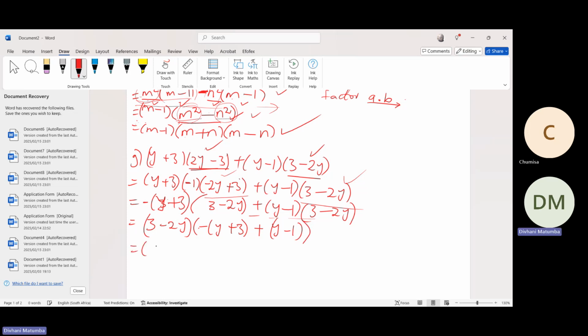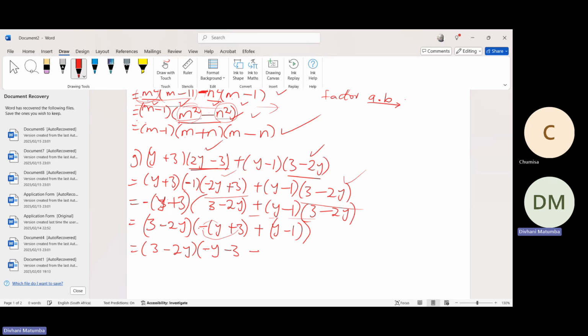Okay. This will be 3 minus 2y. And then if we take out the brackets, we're going to have minus times y, it will give me a minus y. You agree? Yes, sir. Then again minus times 3, it will give me negative 3.